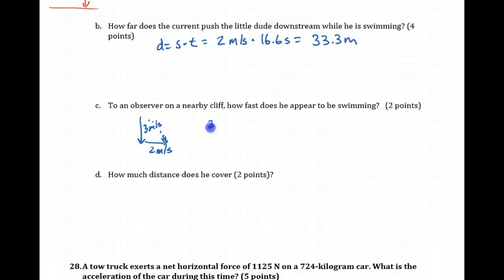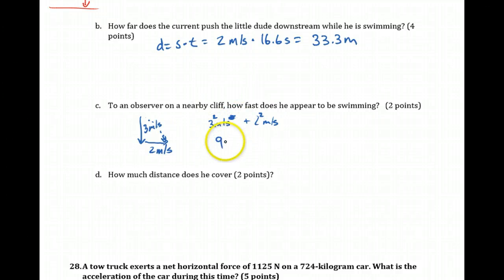So it's 3 meters per second squared plus 2 meters per second squared. We'll square the numbers because we don't want to change these into accelerations.